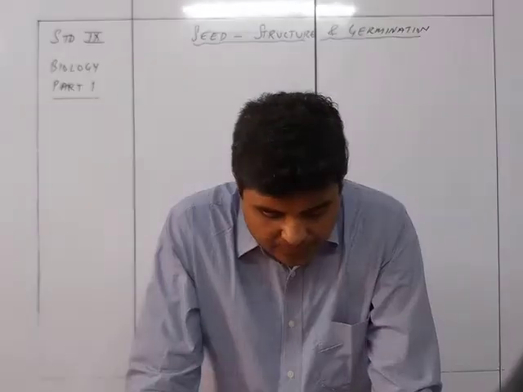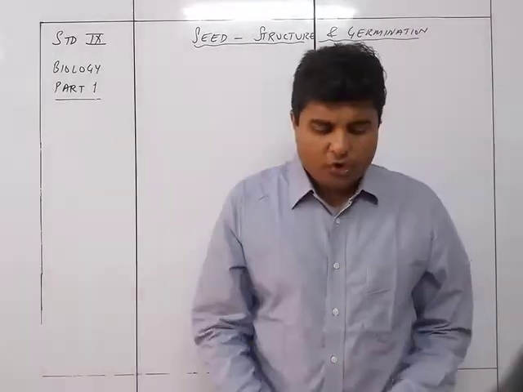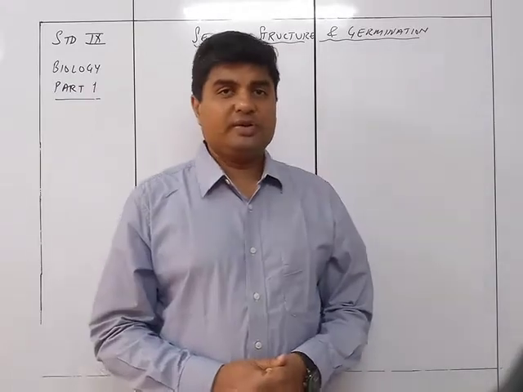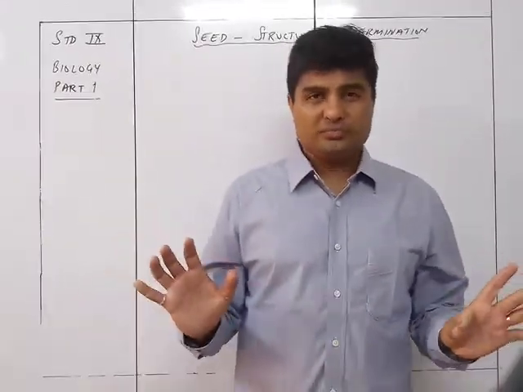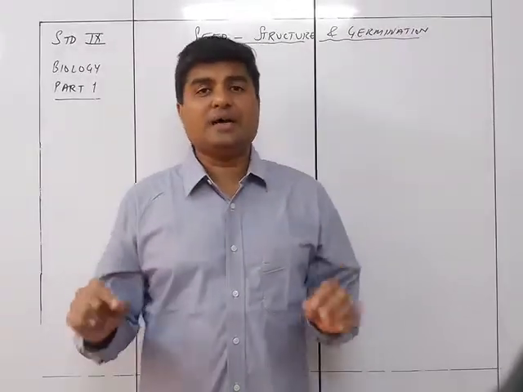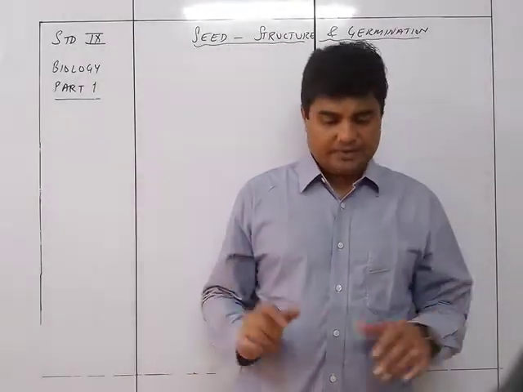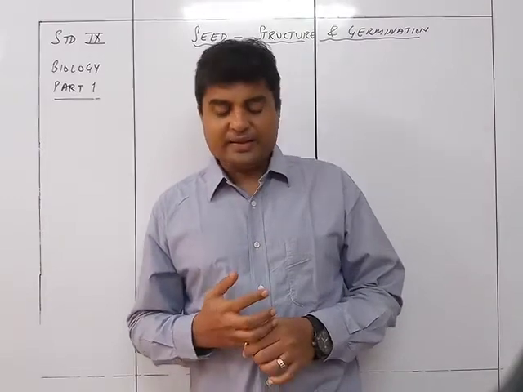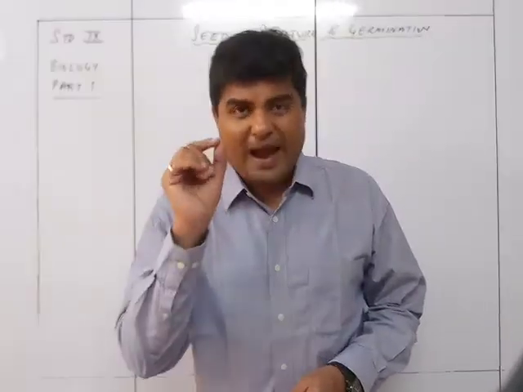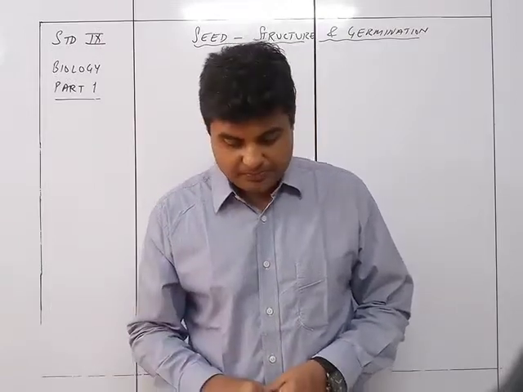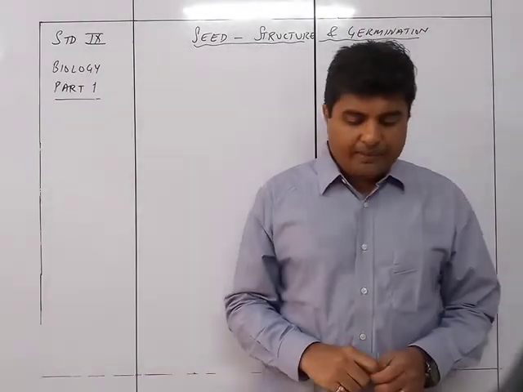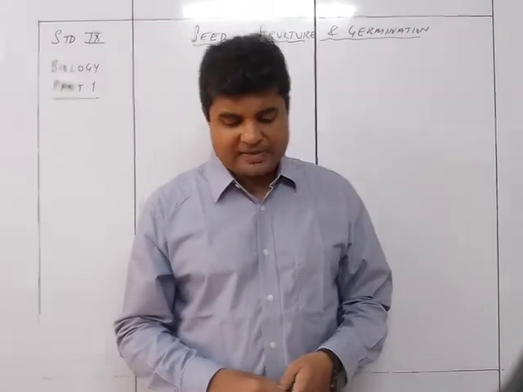More about the seed. It is a mature ovule after fertilization. It's a simple thing: the matured ovule after fertilization is the seed. And what does it contain? It contains a tiny plant, the embryo. The embryo develops from the fused sperm nucleus and the egg nucleus.